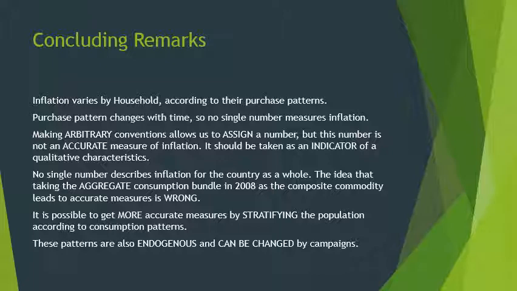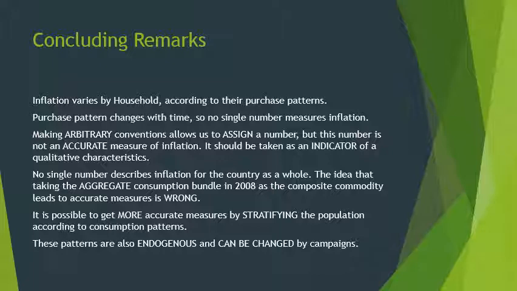And also taking the aggregate consumption for the country as a whole, which is what is currently done, is not a good idea. And particularly taking the consumption bundle in 2008, because these are the numbers which are available. Again, this is a very misleading and inaccurate methodology.